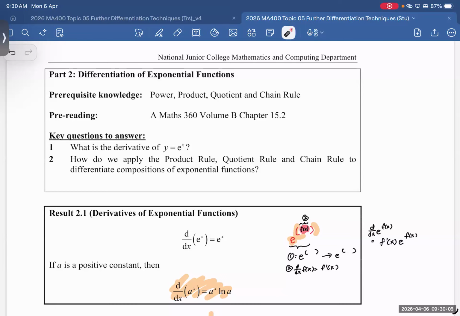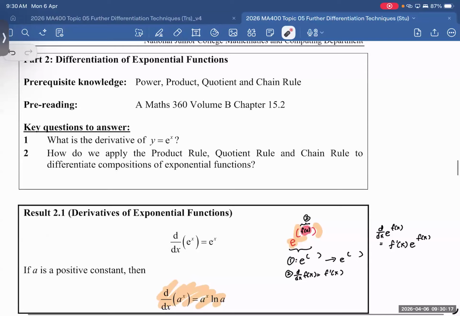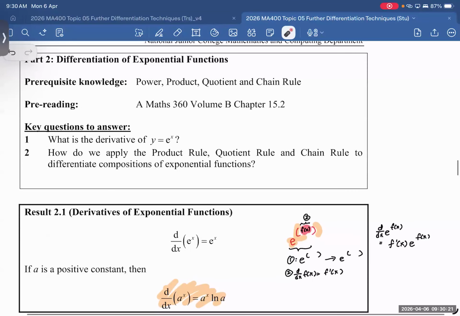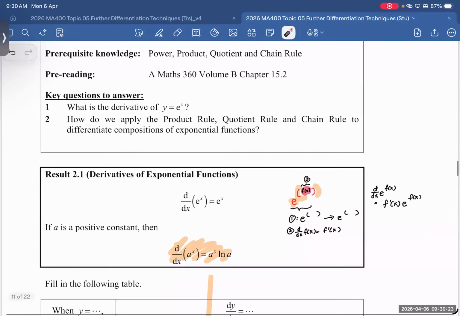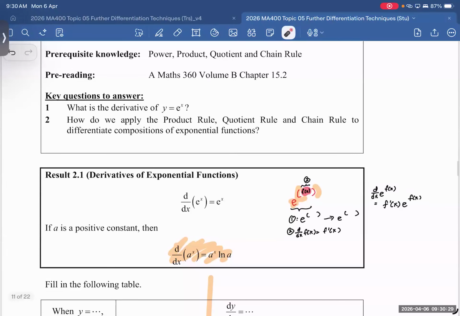More importantly, because the derivative of e^x is just e^x. Yes, e is 2.7 something. So in fact, it's not just e^x. Even if I give you 5 or 10 to the power of x, these are also exponential. e doesn't come from this value.